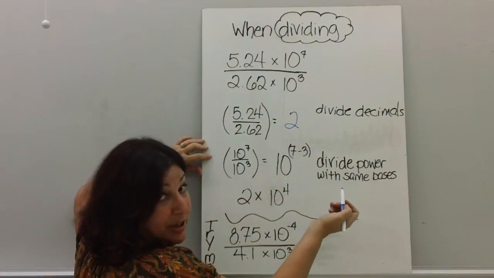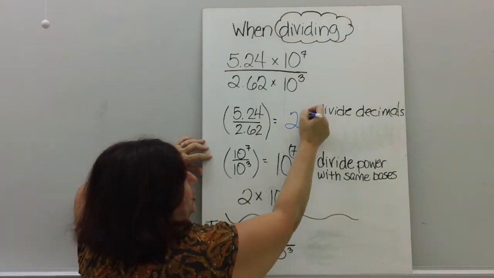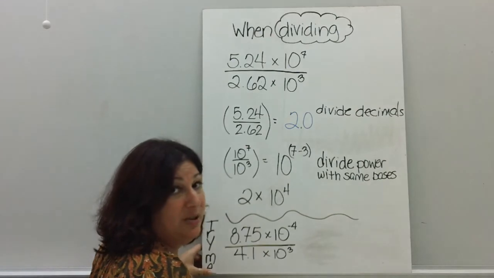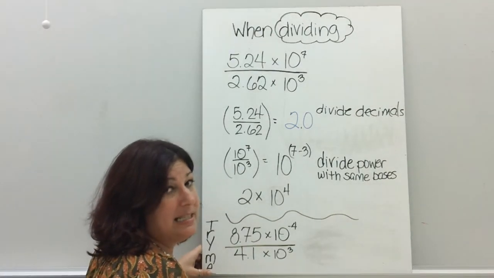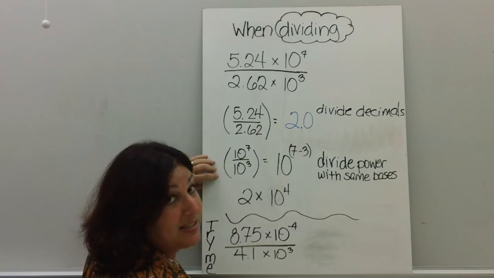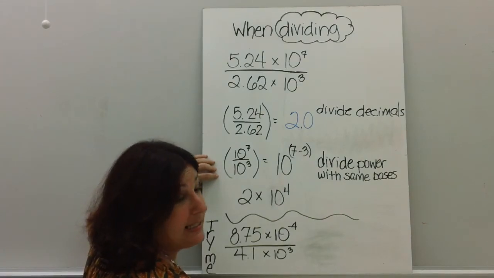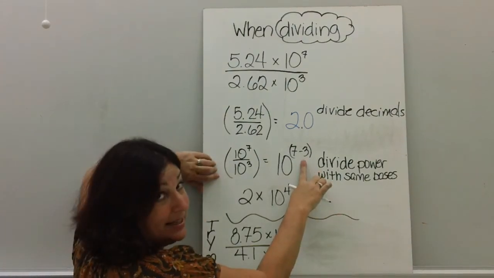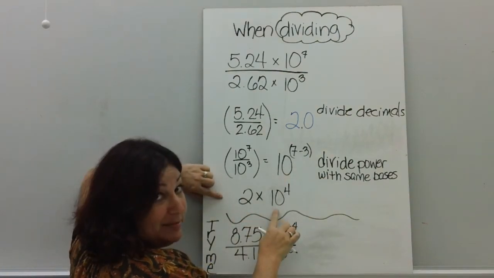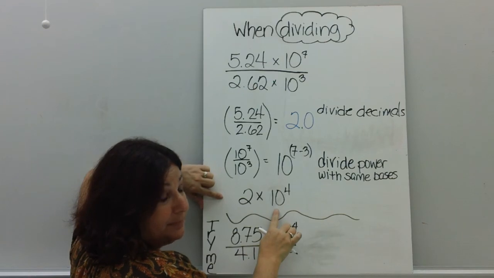It's a whole number. We can write it as 2.0, but the bottom line is it's greater than or equal to 1 and less than 10. I go ahead and divide my powers, and because they're the same bases, I can just subtract the exponents. So my result is 2 times 10 to the 4th power.